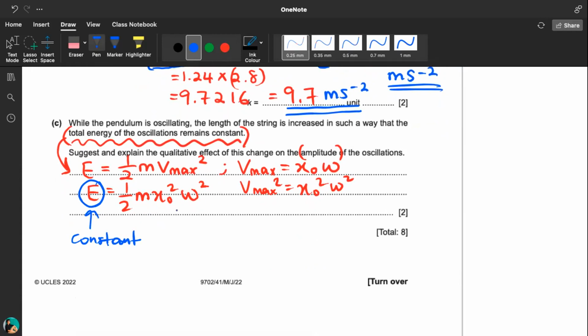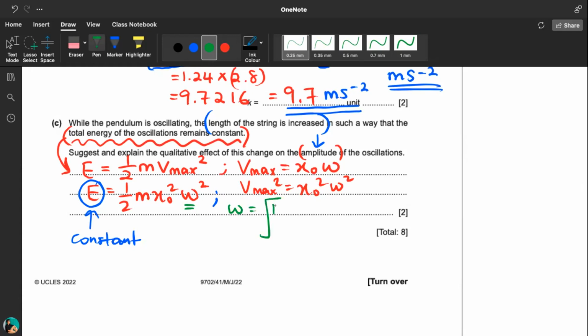We need to put the length inside this formula, because the length increases and we want to see what happens to the amplitude. So you need to put the L in here, where we get the L from your omega.